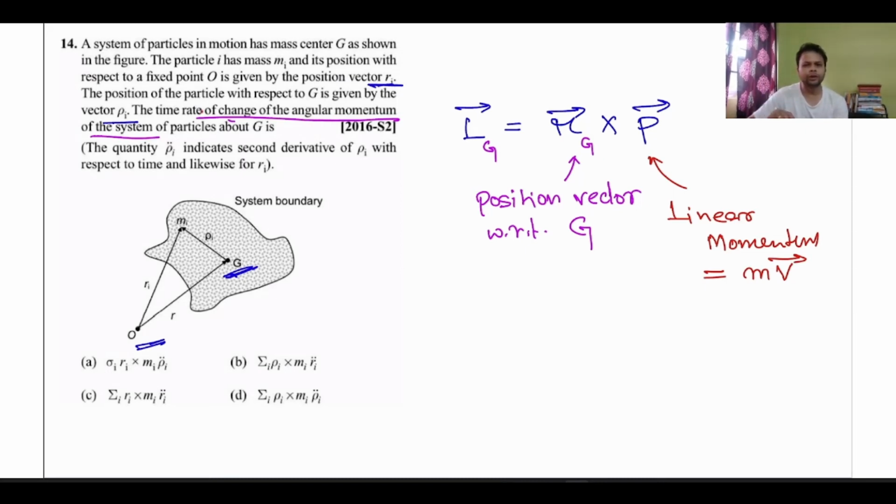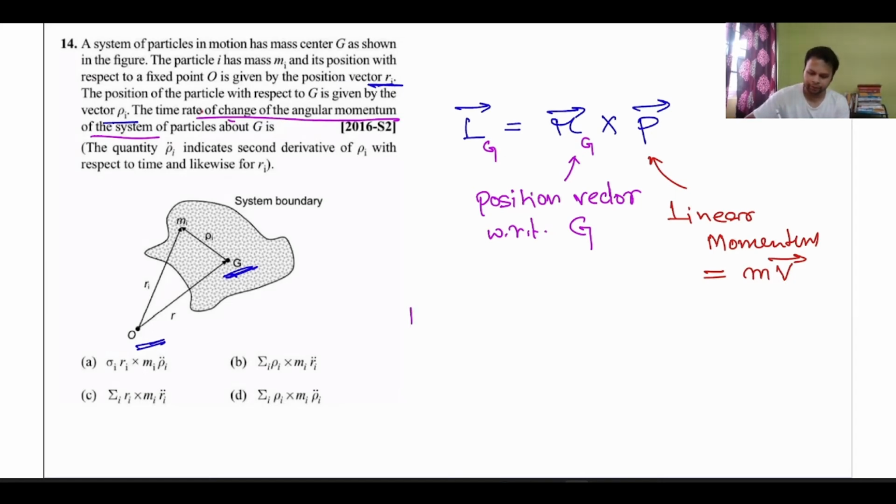So this is the general formula. Here you can see the position vector with respect to G is represented by rho i. Before finding the rate of change, let us at least find the angular momentum.